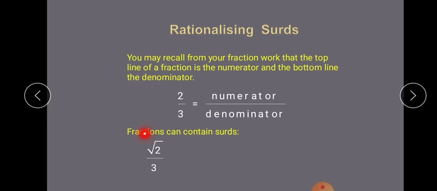That means we don't want to change it from irrational to rational. But if I see 5 by 4 root 7, this type of fraction we have to convert to rational numbers.